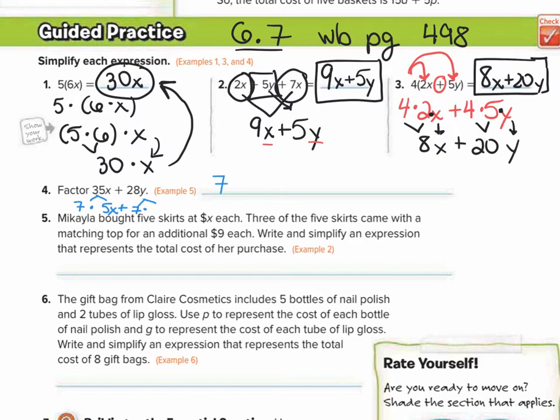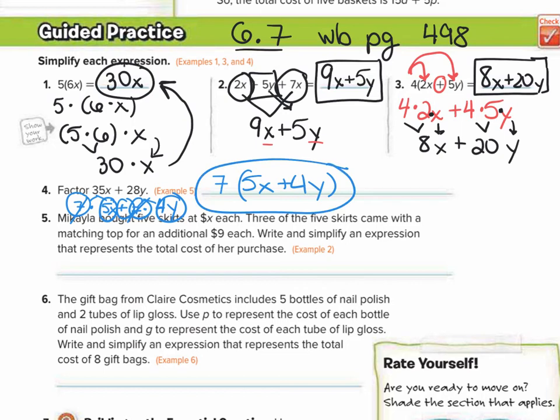So I would have to get 4y left over. So now if I take out that 7, put it outside the parentheses, what I'm left with is 5x plus 4y. And that's our factored version.